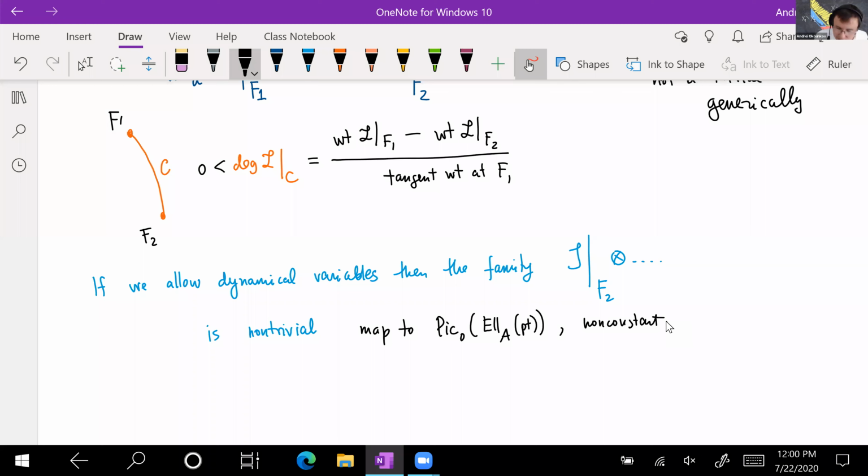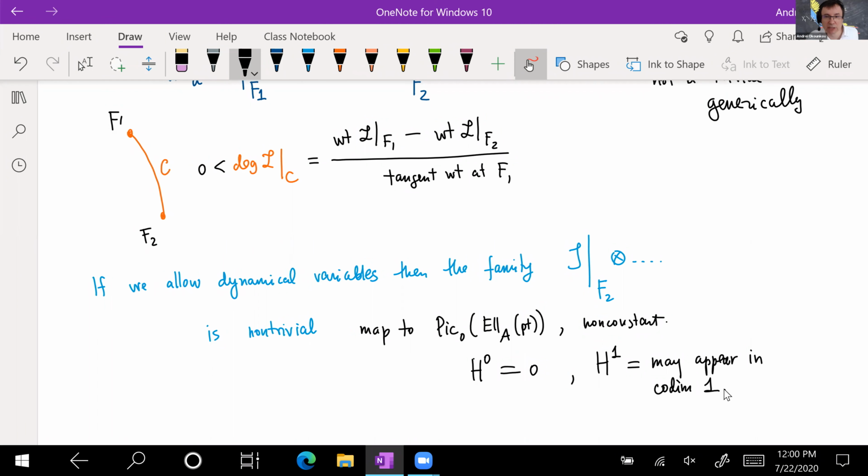And so this means H0 is just 0, and H1 may appear in codimension 1. Right? This is some map. It could be a map with one-dimensional target.